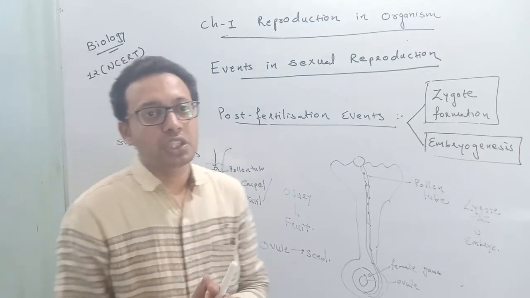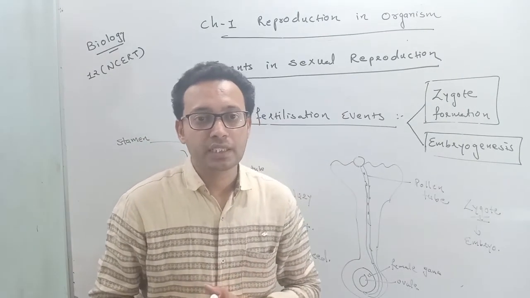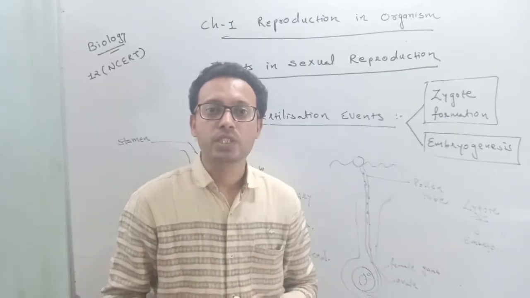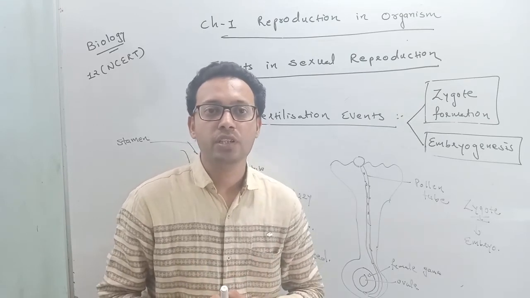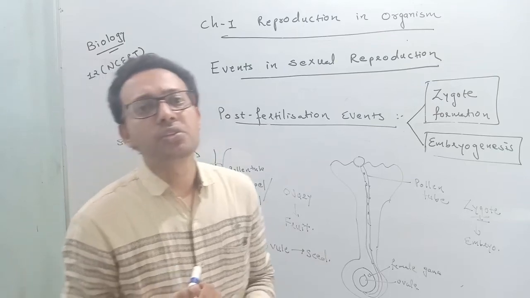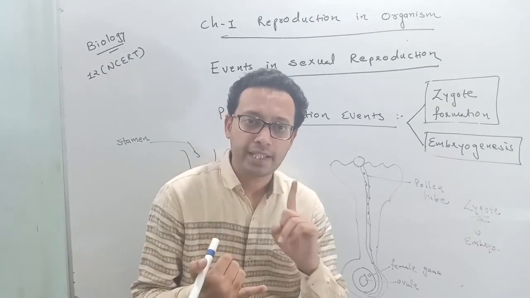Now, students, you have to read this chapter thoroughly. I am just discussing the most important points. Okay, I'm just letting you know which are the most important points which you have to focus on, and they are important from an examination point of view. First, you have to know the definition of reproduction and lifespan.